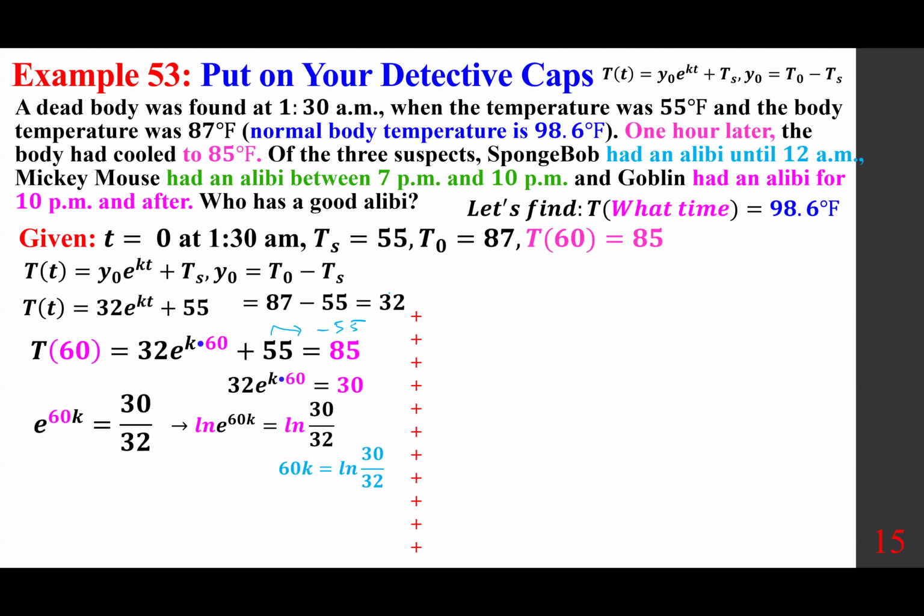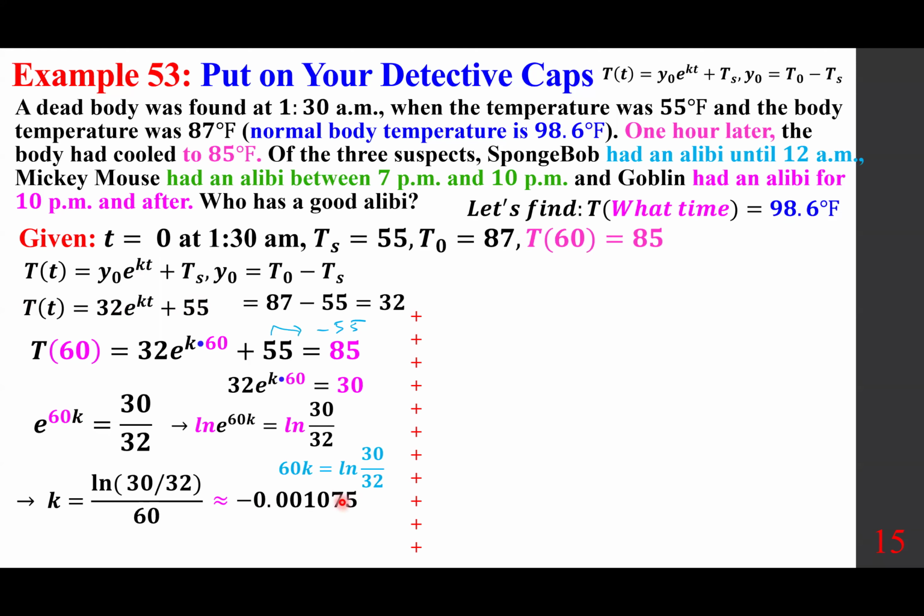And so k is the right side, ln of 30 over 32 divided by 60, precisely. Putting it into a calculator results in this number, negative 0.001075.